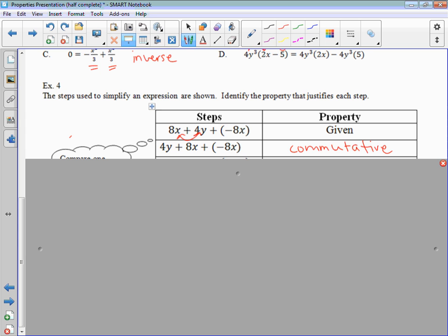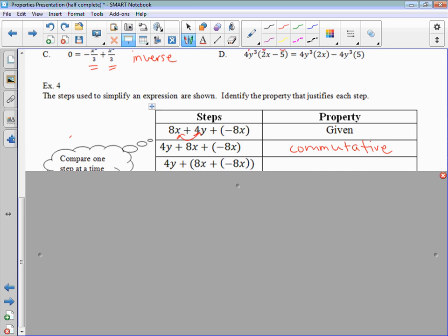All right, so then we look at the next step. This time, I only want to focus on one step at a time. This one's tricky. Right. What changed? What's the only thing that's different from this line to that line?